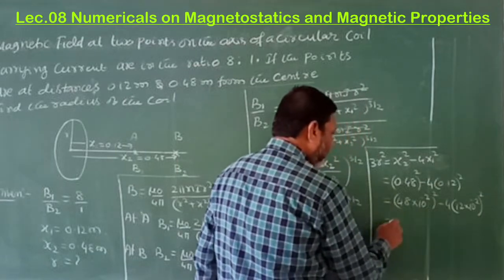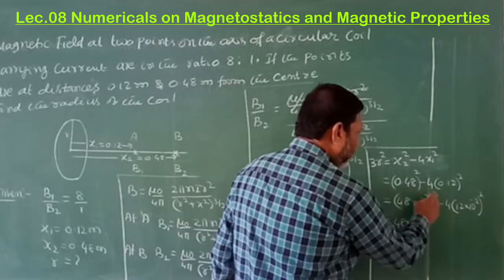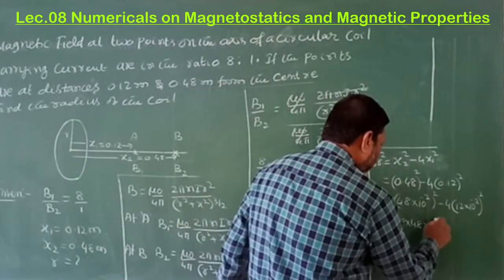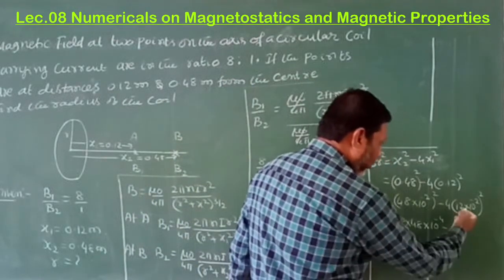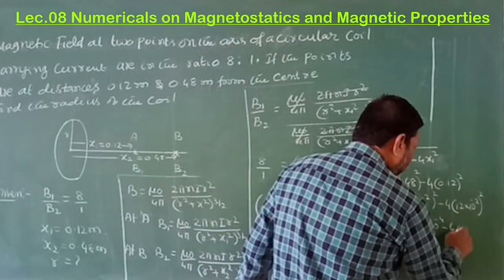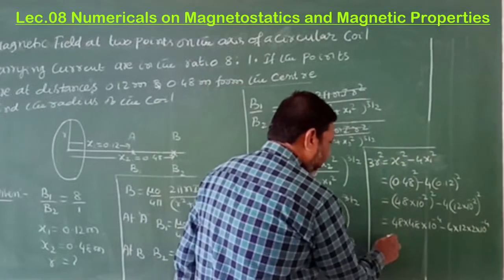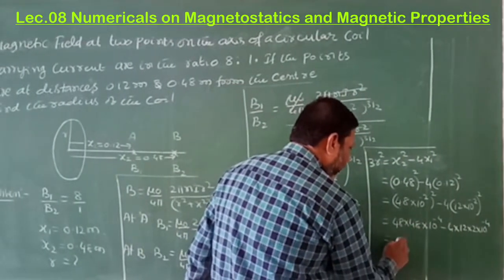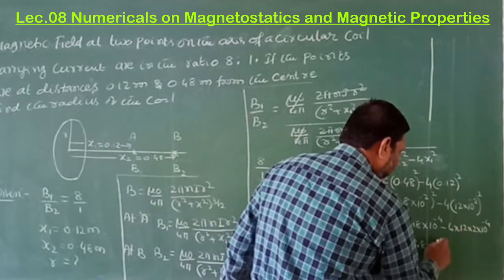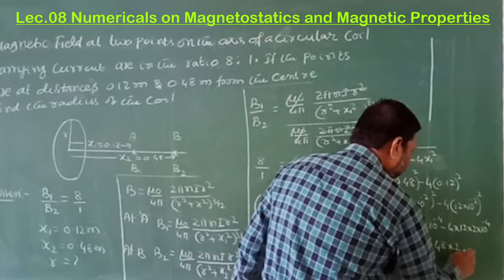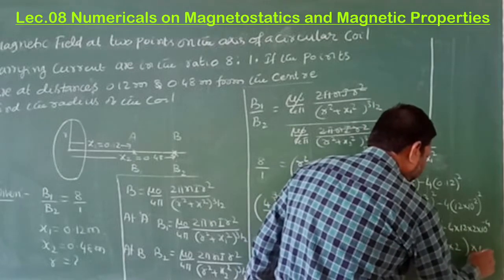Now you will get 48 into 48 into 10 raised to minus 4, minus 4 into 12 into 12 into 10 raised to minus 4. Now take 10 raised to minus 4 out common, then you will get 48 into 48 minus 48 into 2, into 10 to the power of minus 4.